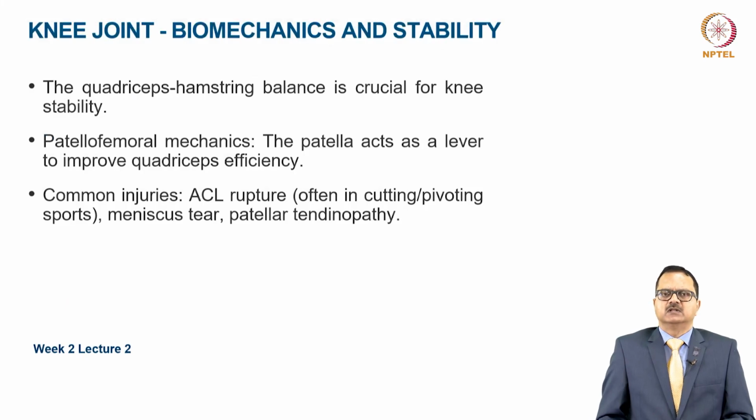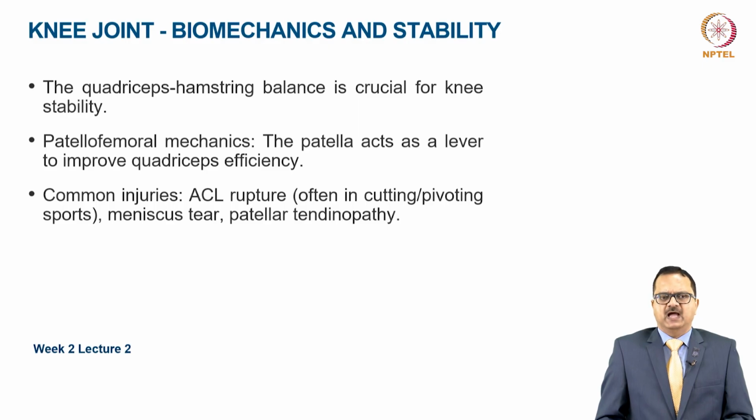When we talk about the knee biomechanics, we have to discuss something called the QH ratio or quadriceps hamstring ratio. This is key to knee stability. The quadriceps hamstring ratio has to be 60-40. If it is deranged, the knee will not be stable.